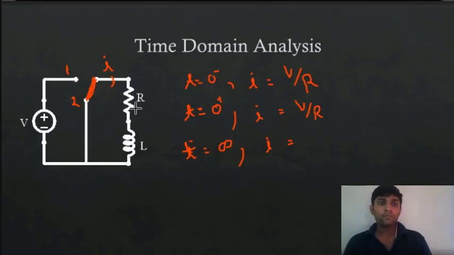No supply means no voltage, and as I have already told you, at steady state the inductor behaves as a short circuit, meaning the inductor will vanish from the circuit. If the inductor is not there, your circuit will have no current. So in the steady state we will get 0 current in the circuit. Hope you all got this.